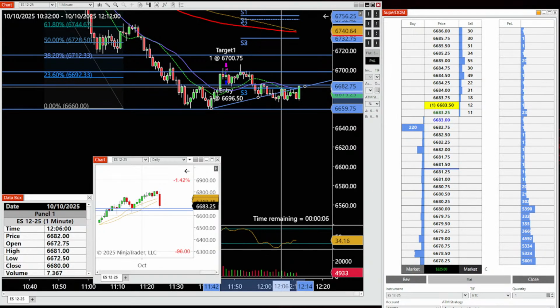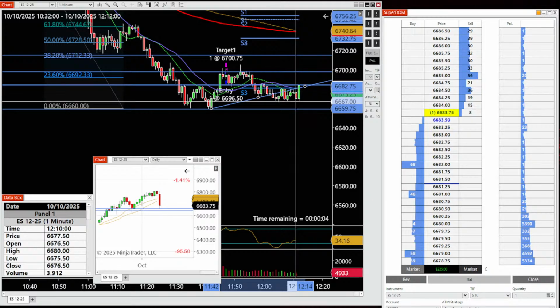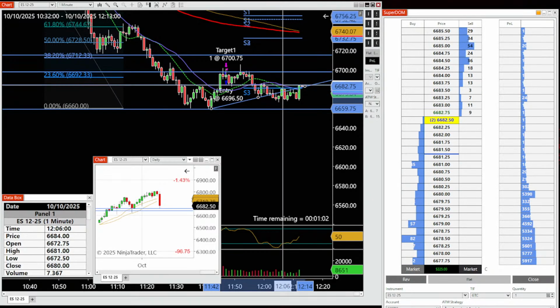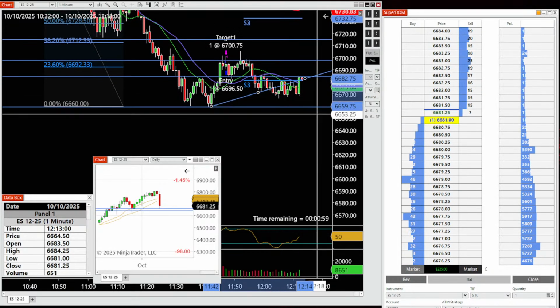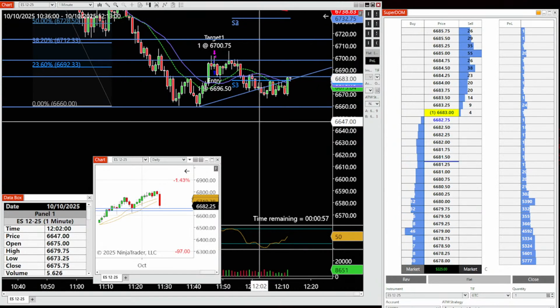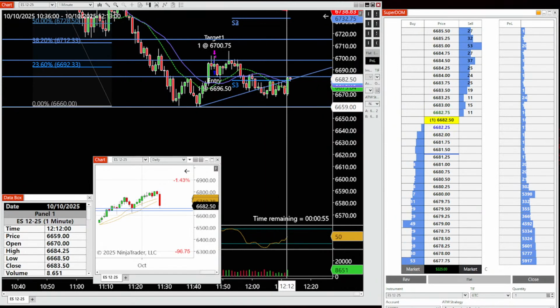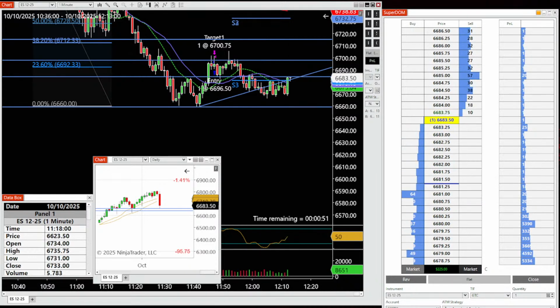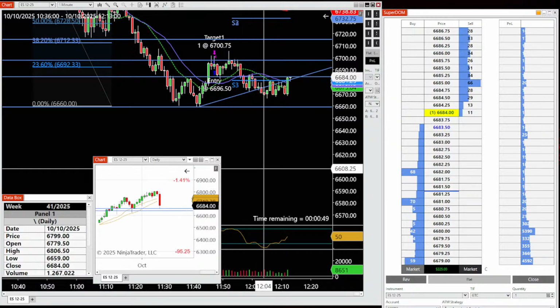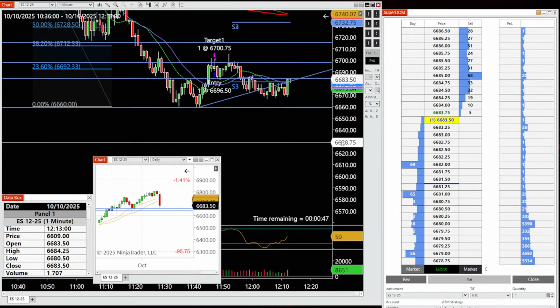Okay. Sold off here, sold off here. Okay, green to red to green on the 15-minute bar.